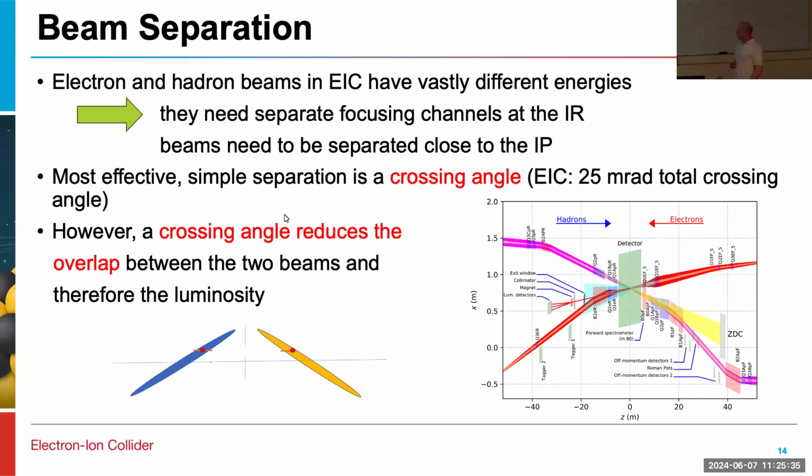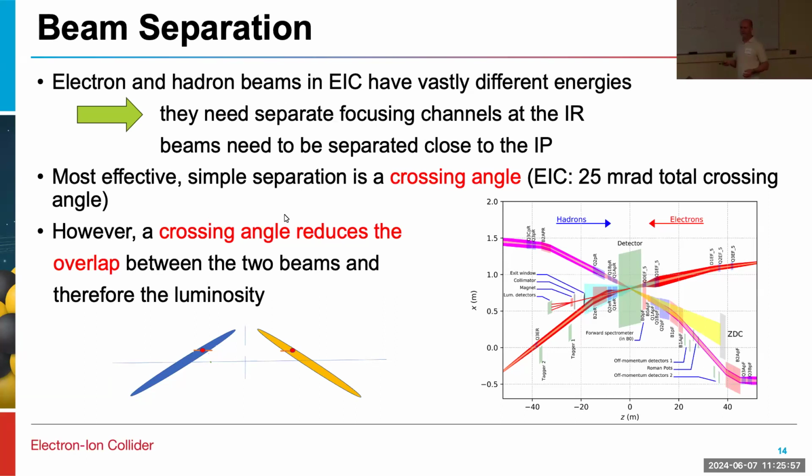All right, now beam separation. So the two beams in the EIC have vastly different energies, right? You have, let's say, 10 GeV electrons and 275 GeV protons. You can't send them through the same focusing channels. If you send the protons through the electron focusing channel, they don't really care much.